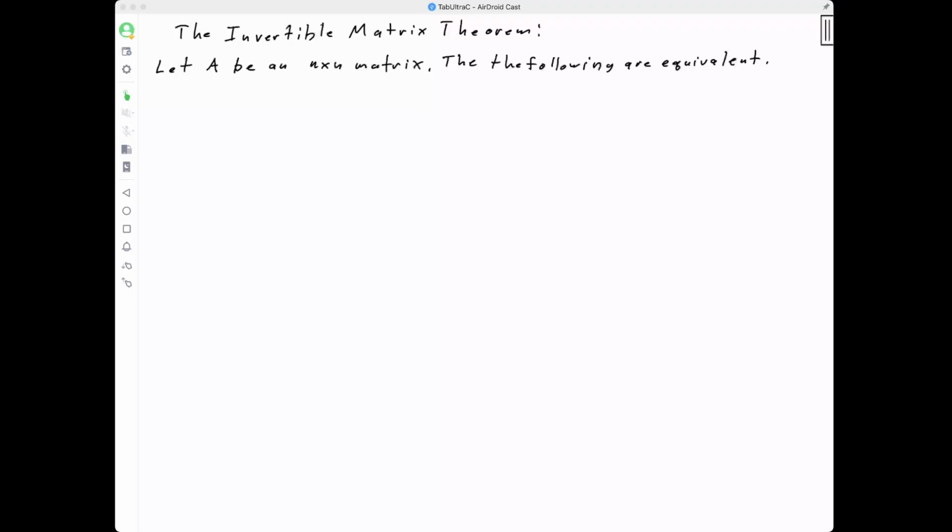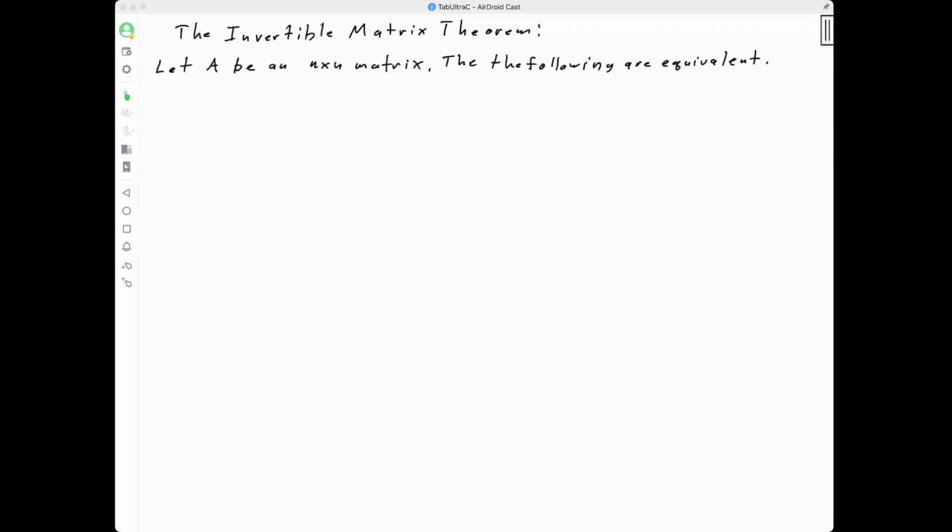And so why this is called the invertible matrix theorem is that the first one will be that the matrix is invertible. And so if you can show this for any of the other things to be true, you will have shown that the matrix is invertible.